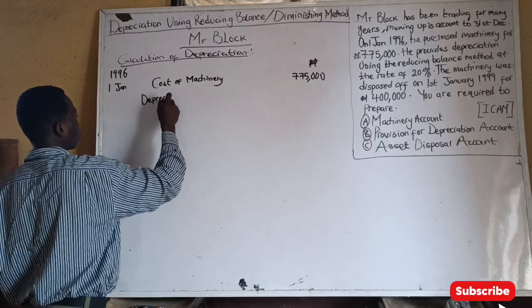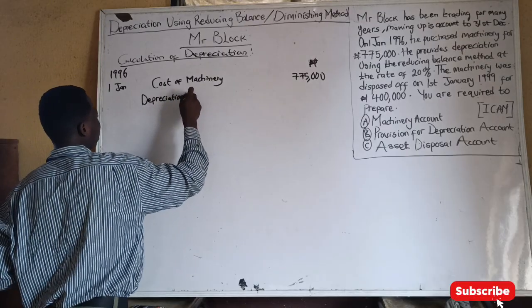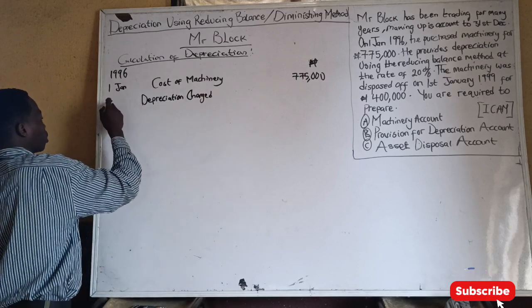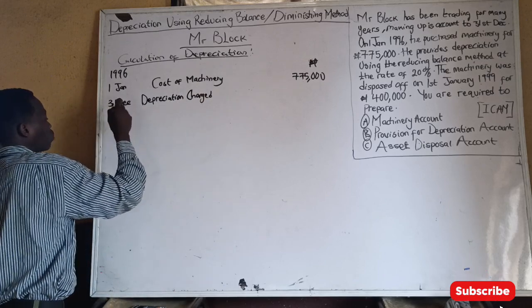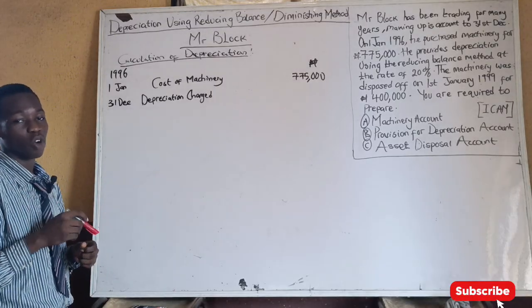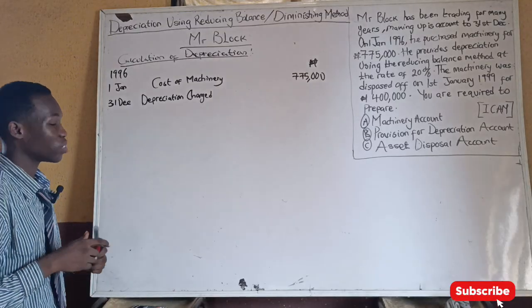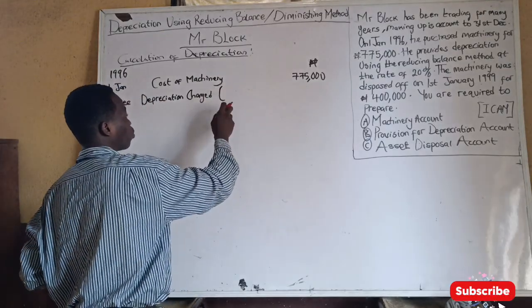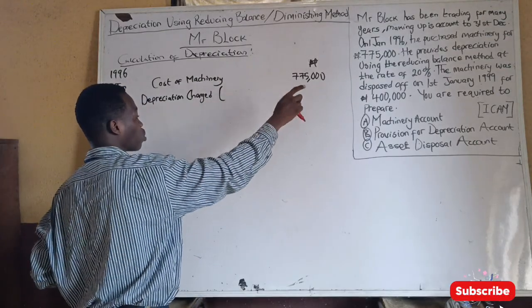So the next is the depreciation charge, and that will be 31st December of the same year. Don't forget, depreciation is charged at the end of the year. So the depreciation charge will be, don't forget the rate is 20%.